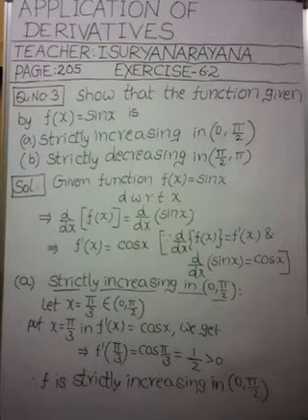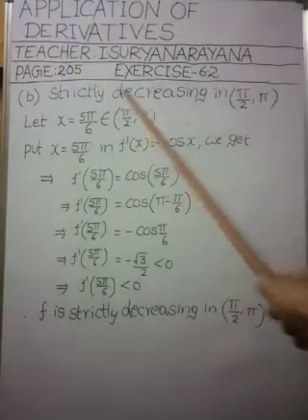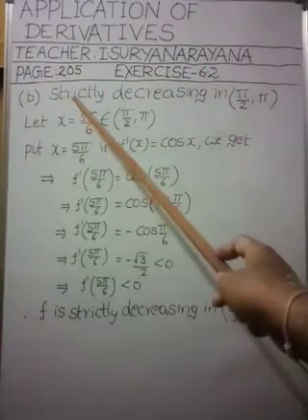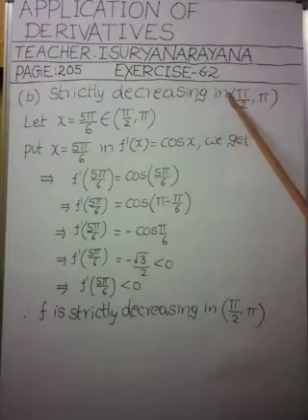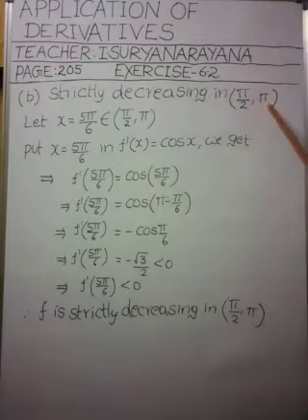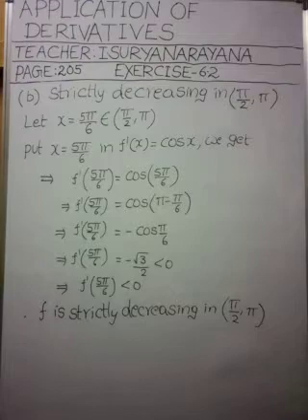Right. Now come to the second part of the question. That is, we have to show that the given function is strictly decreasing in the open interval pi by 2 comma pi. Whatever steps we followed in showing that the given function is strictly increasing, we follow the same steps here also. What is the first step?